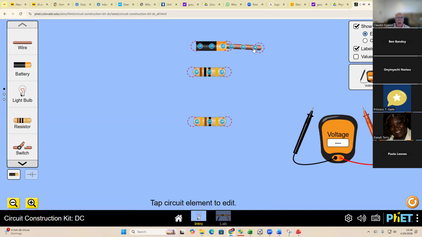Here you go. Wire. That should be my red banana cable. And by the way, I'm going to add a switch in there so we can control the circuit. Here's my wire.